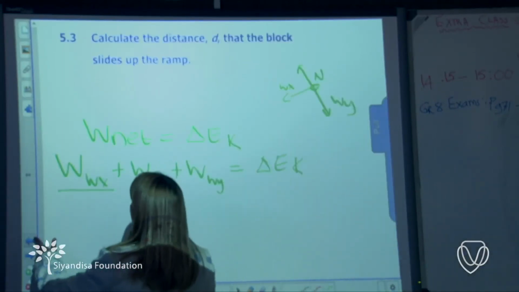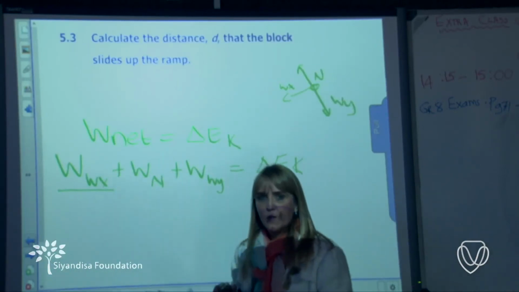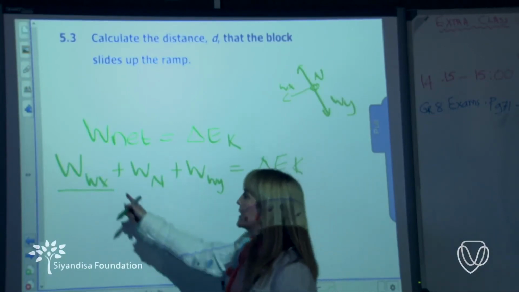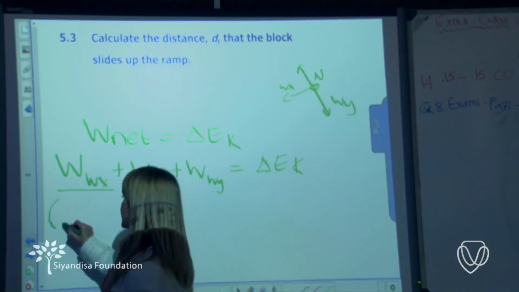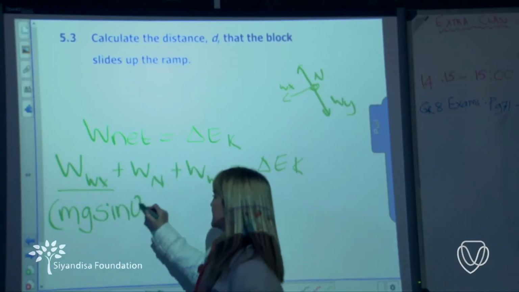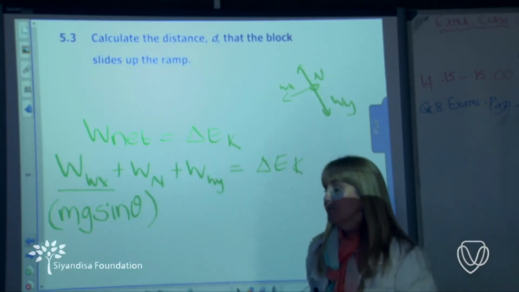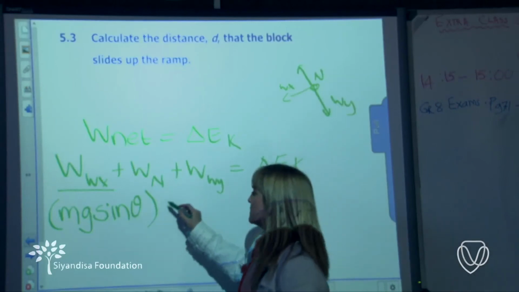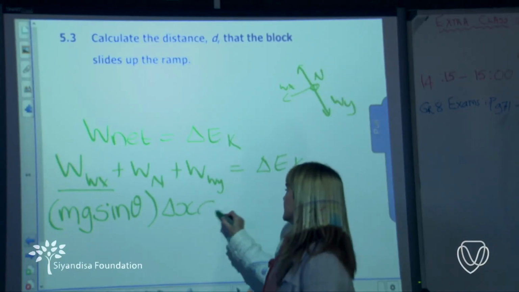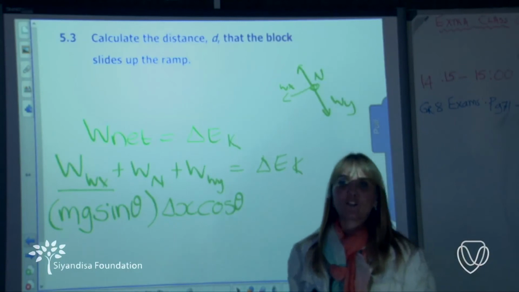So let's not lose track of what we're doing. We want to calculate the work done by Wx. But to calculate the work done, we need Wx. So what is Wx? Wx is mg sine theta. But what is the work done by Wx? It will be Wx times delta x times the cos of theta. And this is what makes this section of work tricky.